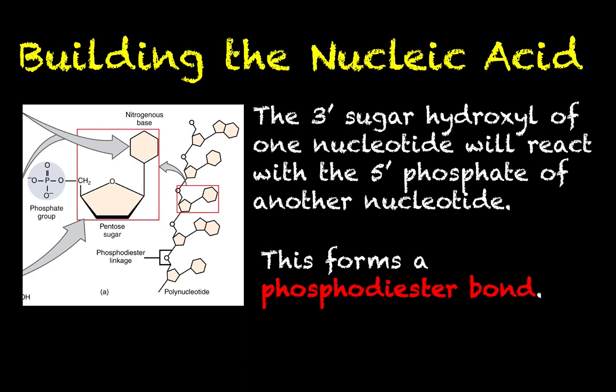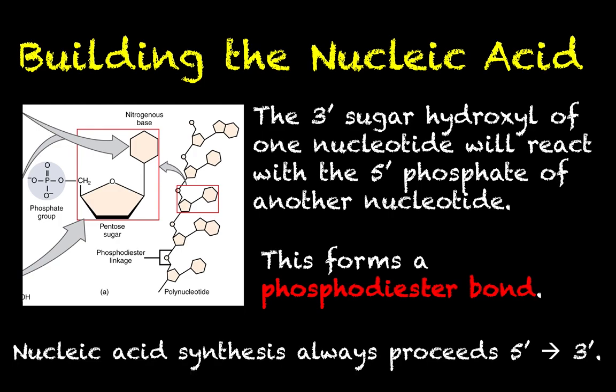The bonds that we are forming are called phosphodiester bonds, and the entire backbone of the strand is often called the phosphodiester backbone, and you'll notice that the nitrogenous bases are just kind of hanging off to the side here. They do not participate in the formation of these phosphodiester bonds, and this leaves them free to participate in complementary base pairing via hydrogen bonding with one another.